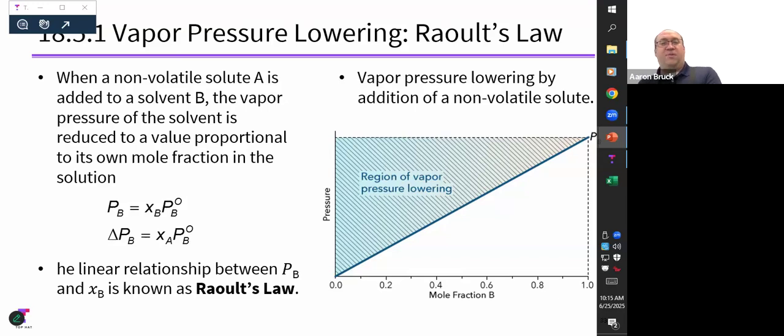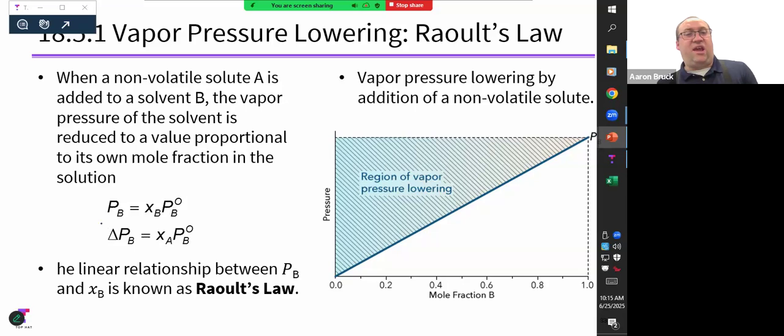And the relationship here is a relatively simple one. The pressure that we are seeing for B is related to the mole fraction of B multiplied by its normal, unsolution, just itself, vapor pressure. This relationship is known as Raoult's law.